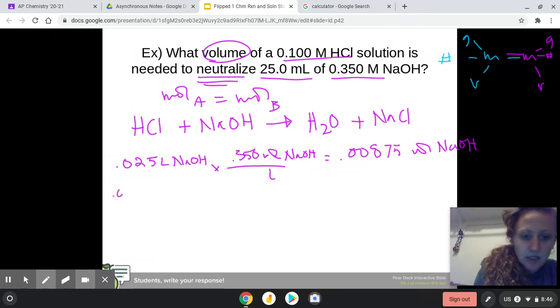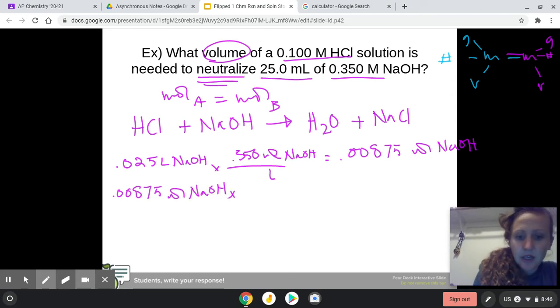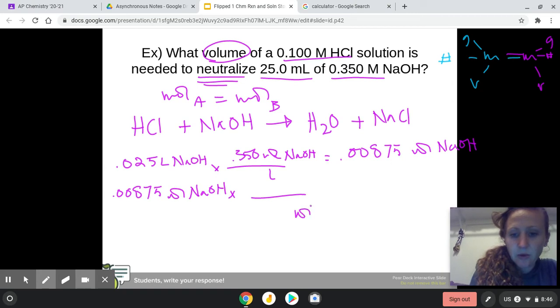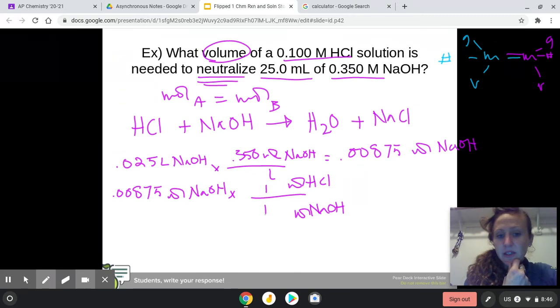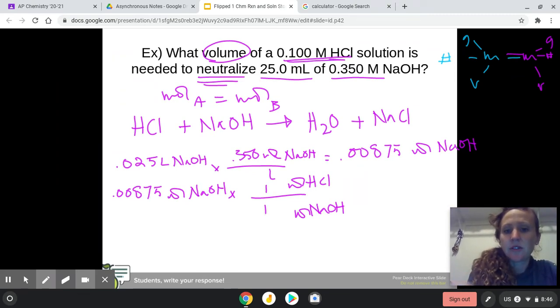That's how many moles of base I have. Now, if I have that many moles of base, let's figure out how many moles of HCl I'm going to need. And it's a 1-to-1 reaction because we balanced the equation. And once I'm in moles of HCl, then I can use this 0.1 moles. So I want to get from moles to liter, so the 0.1 goes on the bottom.